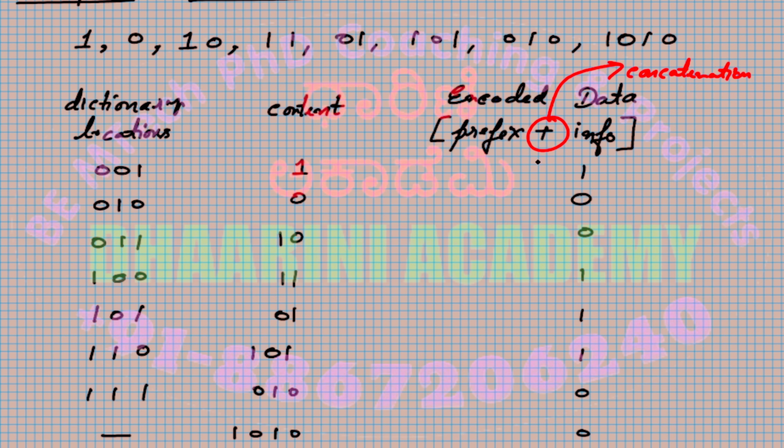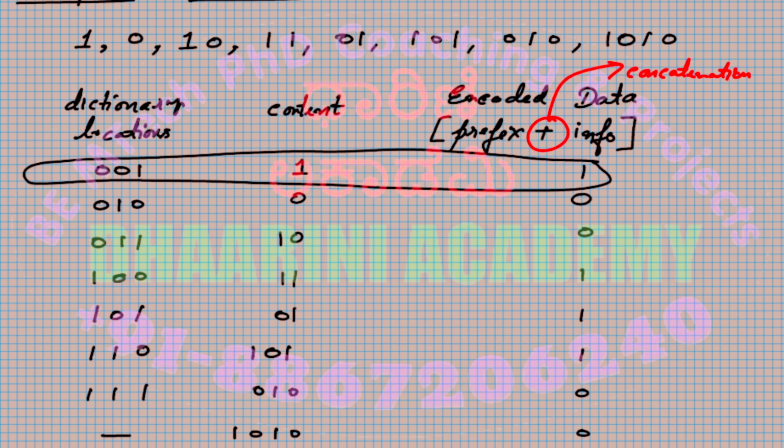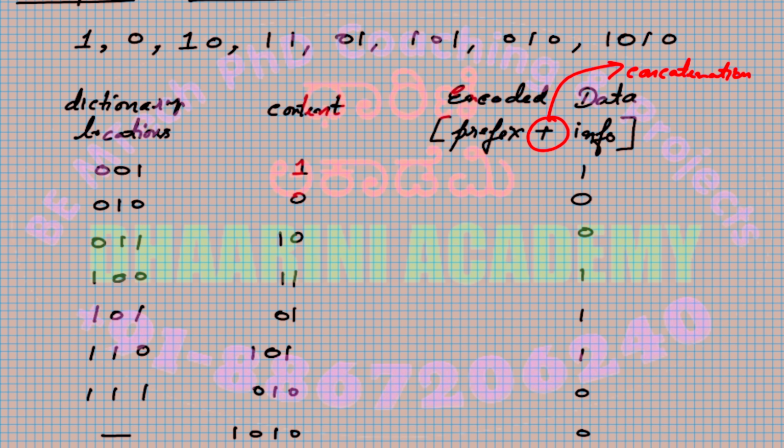Prefix is actually copied from something which is already existing. But I see this is my first row. There is nothing that exists before this in my whole table, right? So when you don't have anything, that is directly replaced by zeros. Put a sufficiently large number of zeros. I am supposed to put 3 zeros, that's all.